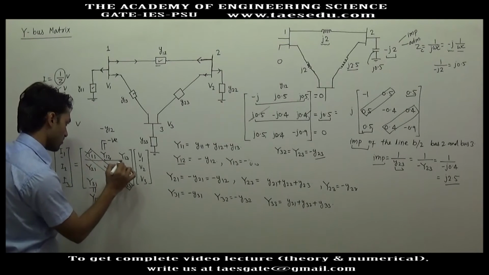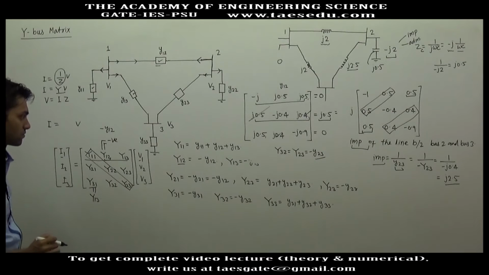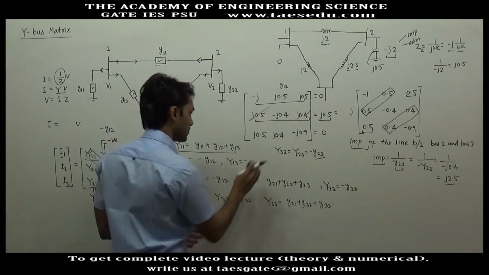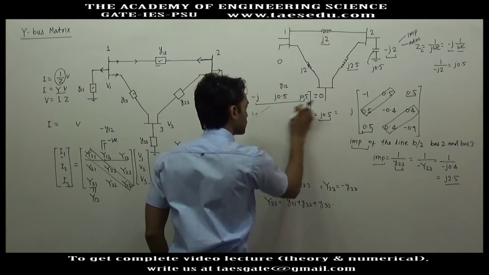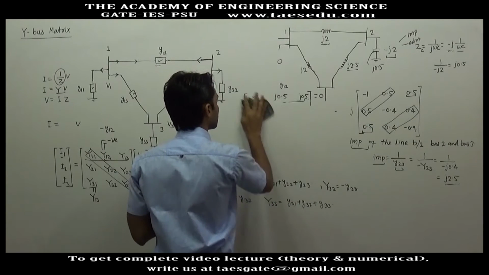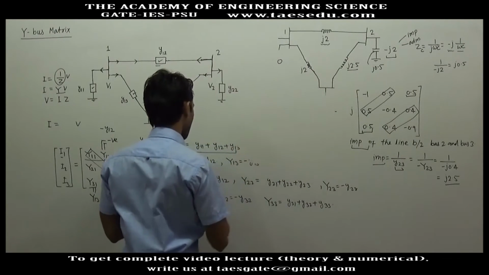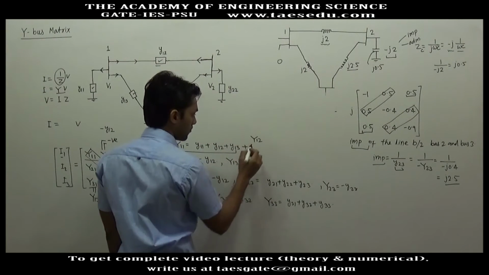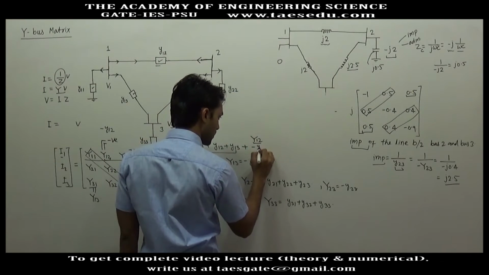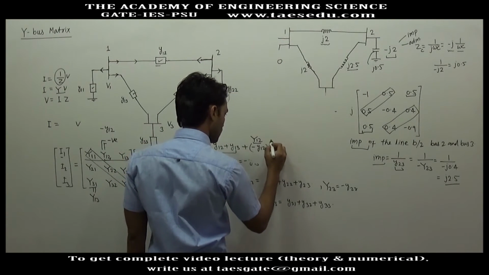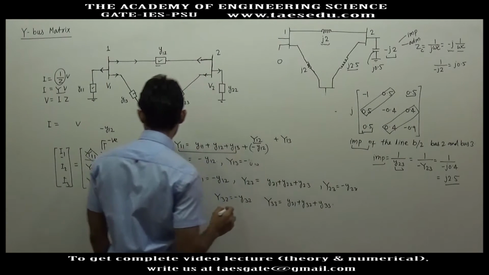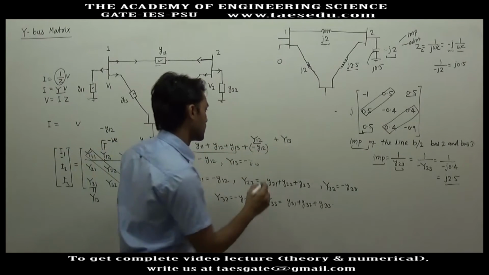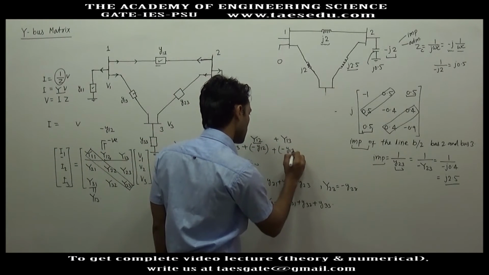If you add Y11, Y12 and Y13, this is capital Y11, and Y12 is nothing but minus of small y12, plus Y13. I'm adding capital Y11 plus capital Y12 plus capital Y13, so here you will get minus of small y13.